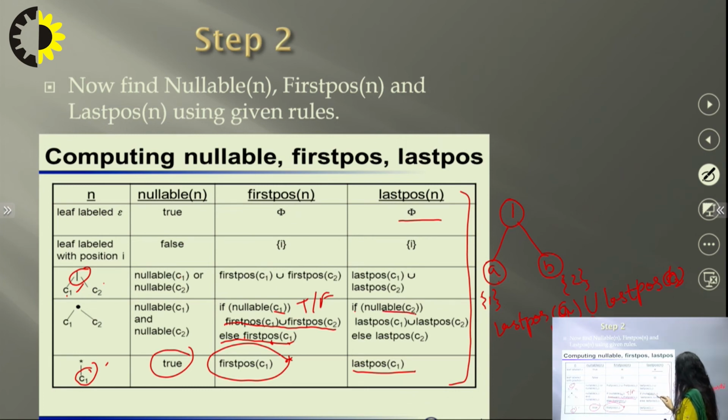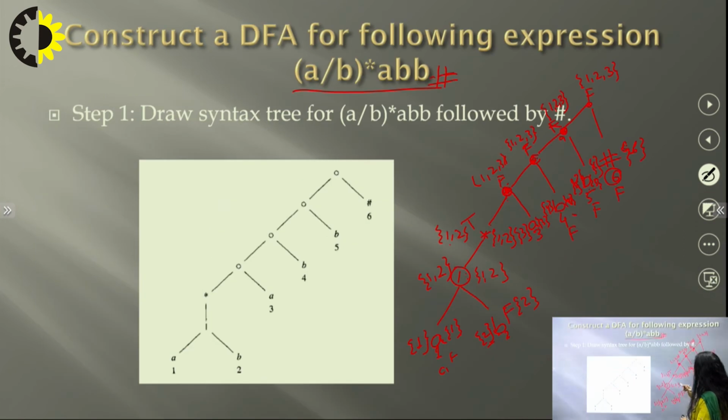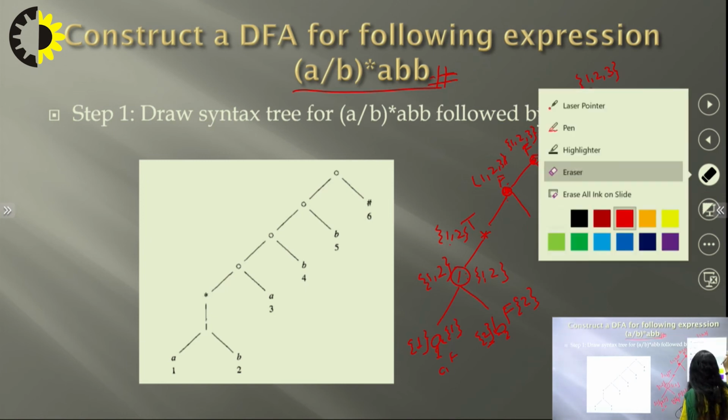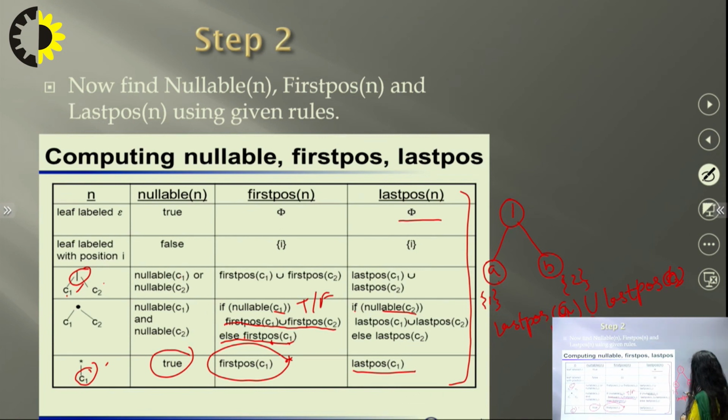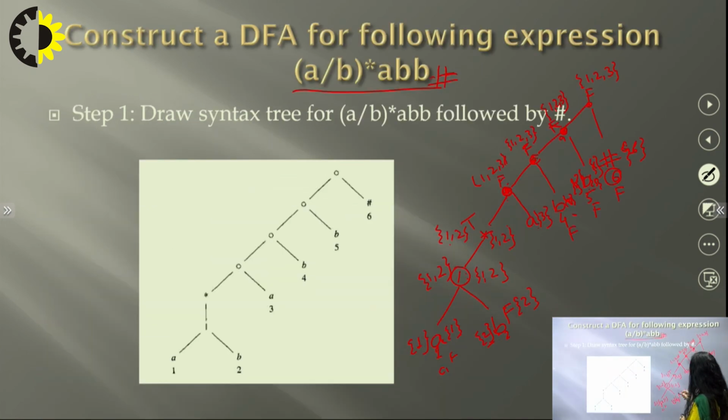If nullable C2, so to compute the last pos for the concatenate symbol, if nullable C2, for this symbol, this is C2.